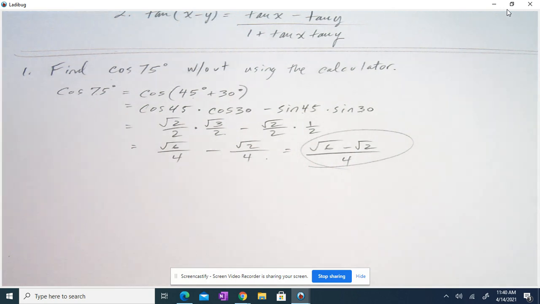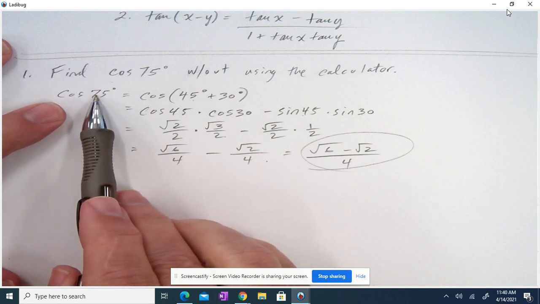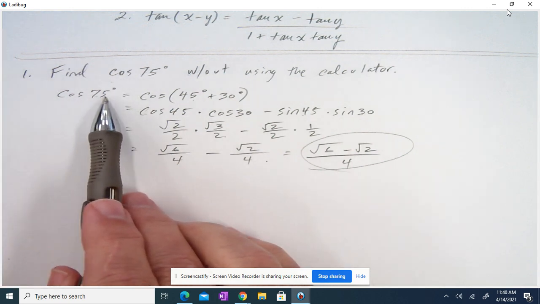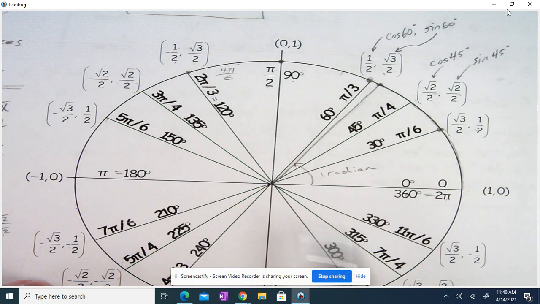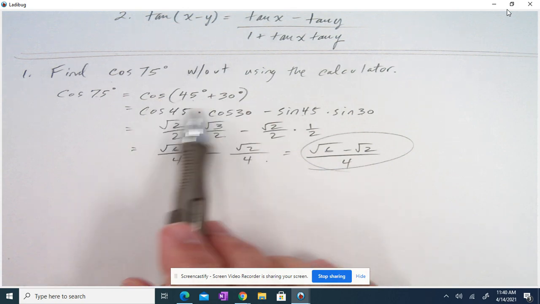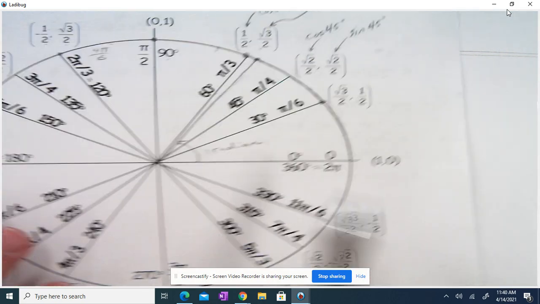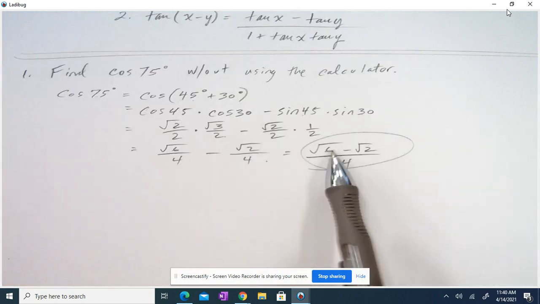So that's the idea. Once again, finding the cosine or the sine or the tangent of an angle that is not on the unit circle sheet by breaking it into pieces such that we have two angles that are on the unit circle sheet.